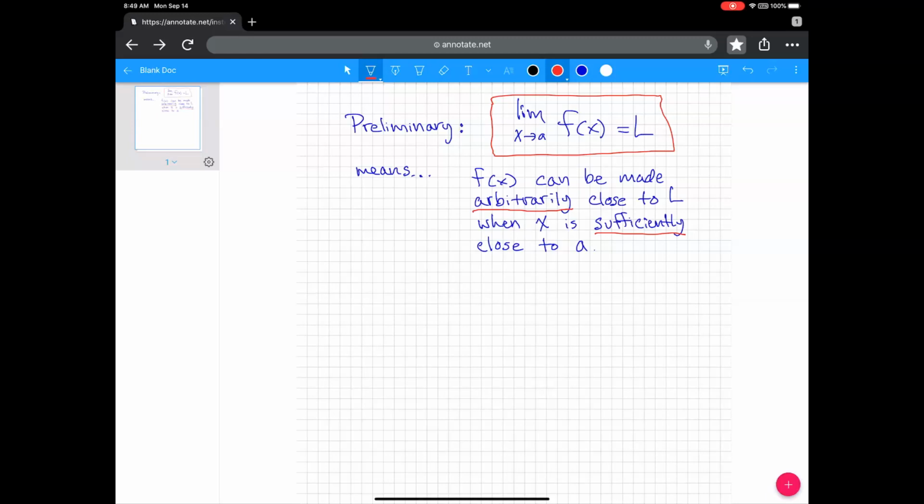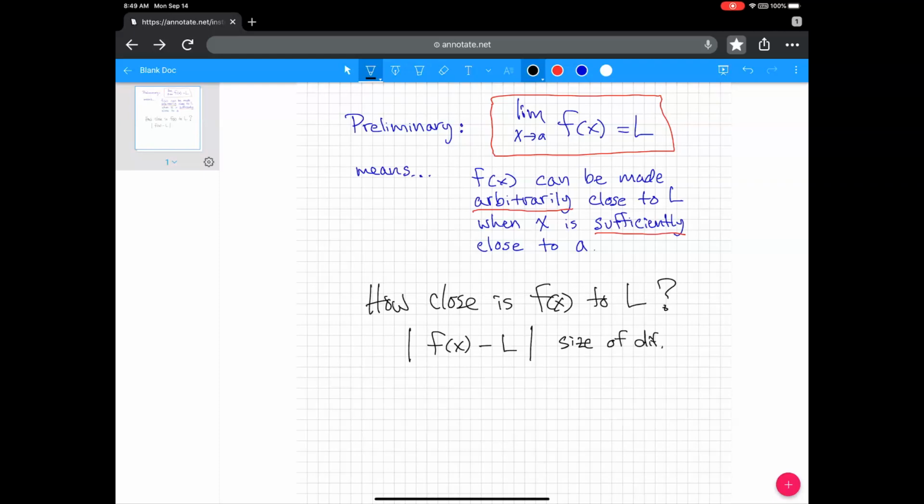So how do we measure whether one number is close to another number or not? We look at the absolute value of the difference between the two. So if I wanted to ask myself how close is f of x to L, mathematically, how far apart these are is the absolute value of f of x minus L. That's the size of the difference.